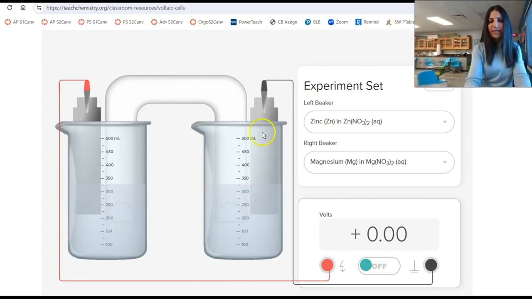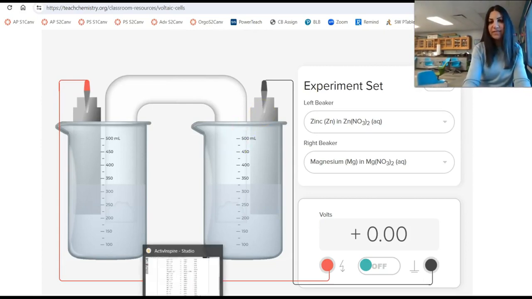Then I took a piece of magnesium, also a solid, which again will be my anode or my cathode, and I put that inside of a magnesium nitrate solution. The red is on the left and the black is on the right, but I don't know if I did this right. The way I'm going to find out is I have to look at my potentials. So let's take a look at zinc and magnesium on my chart and see if I did this correctly.